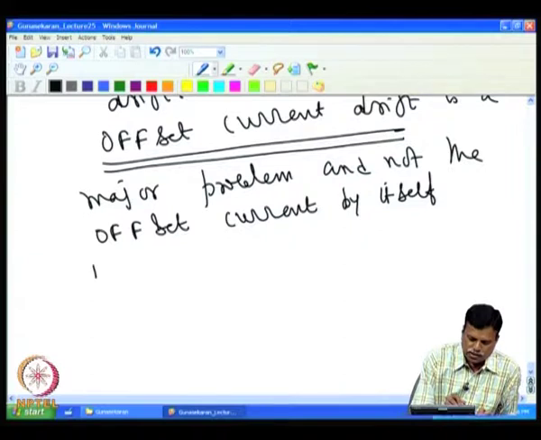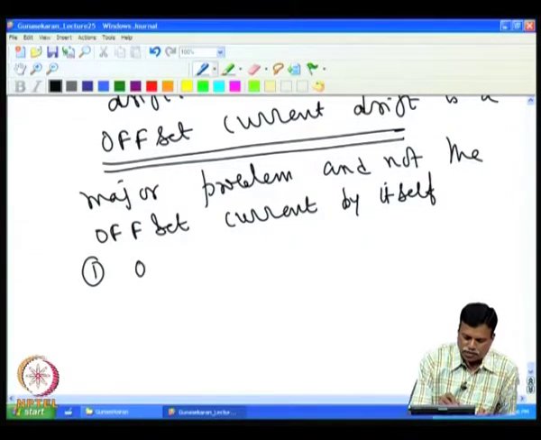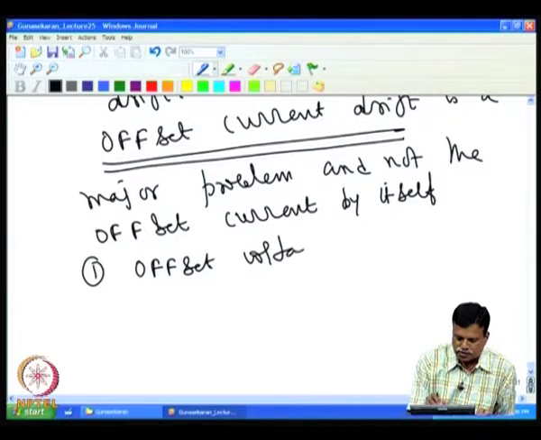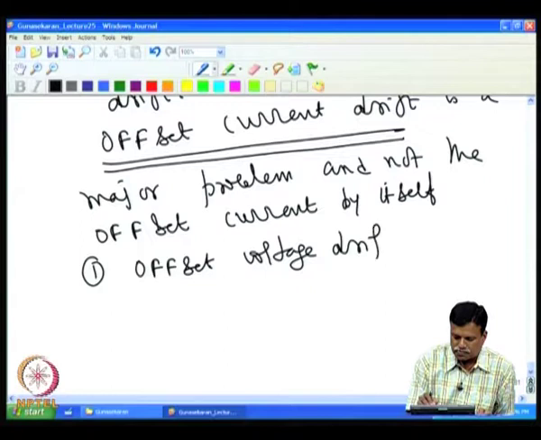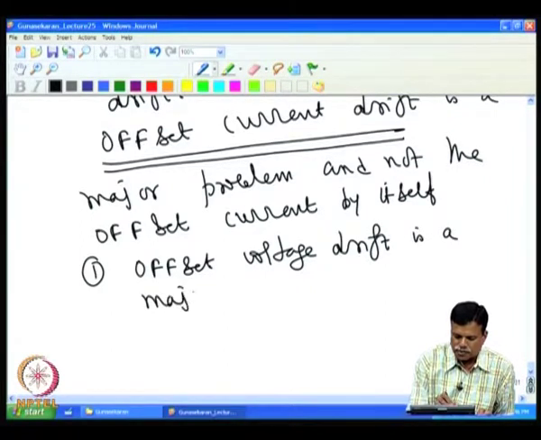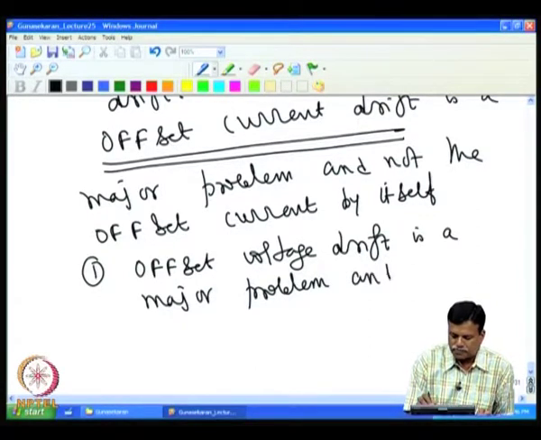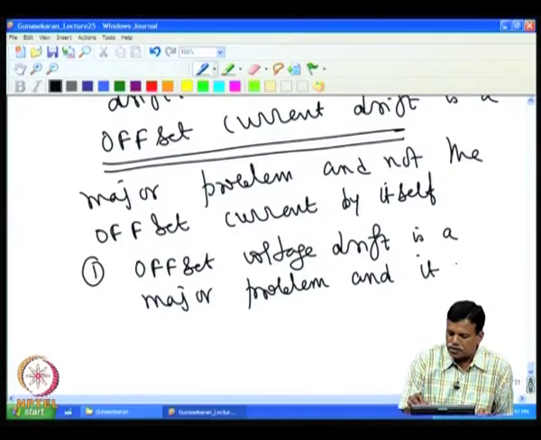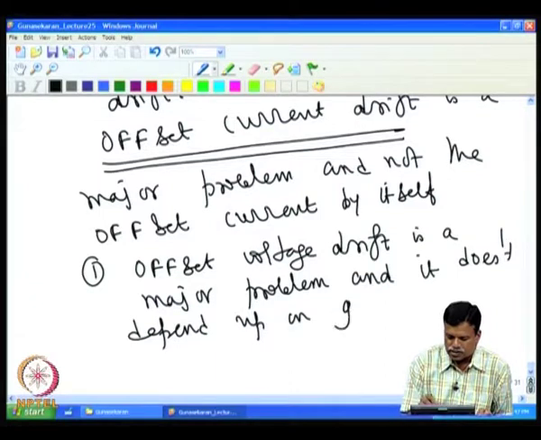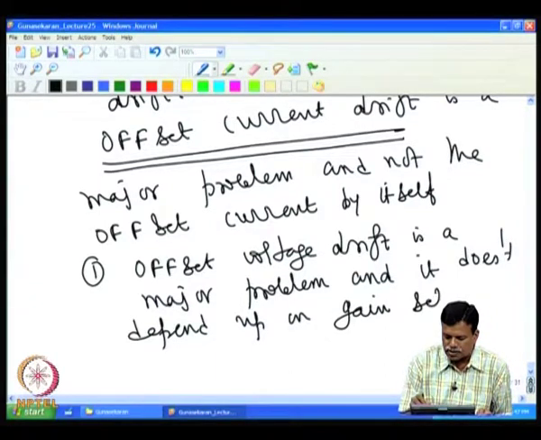So, at this one, that is offset voltage drift, is a major problem, and it doesn't depend upon gain setting resistors.